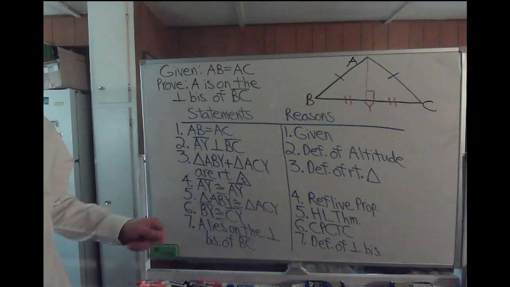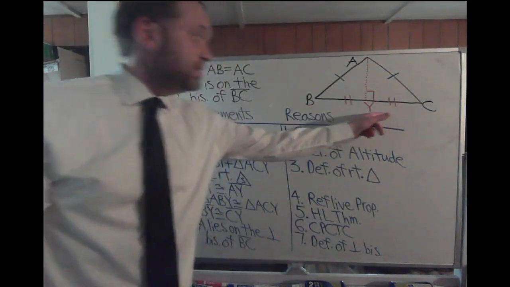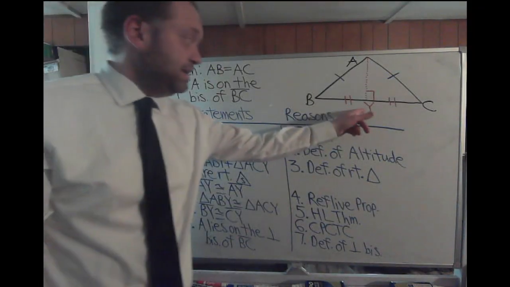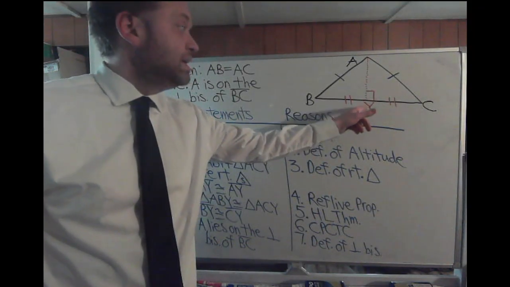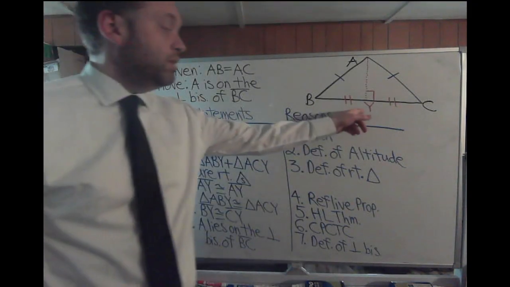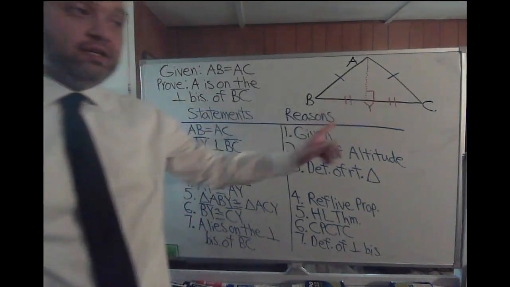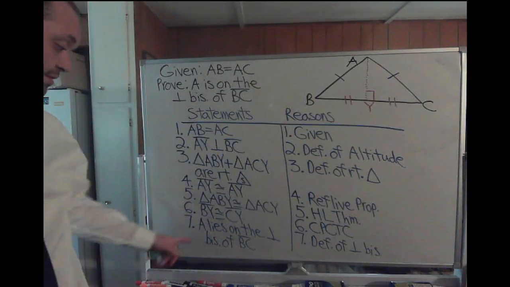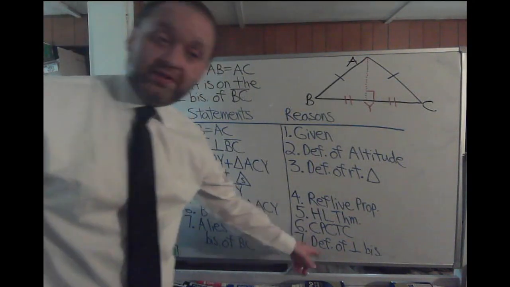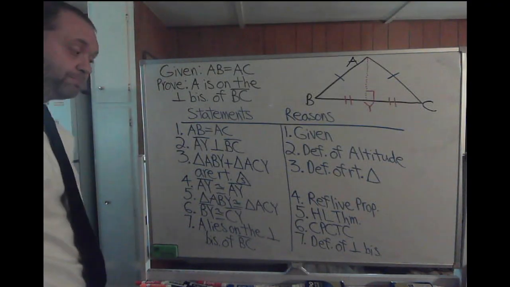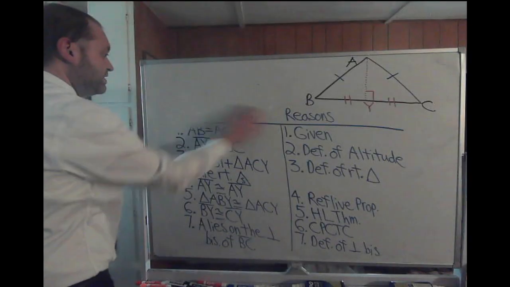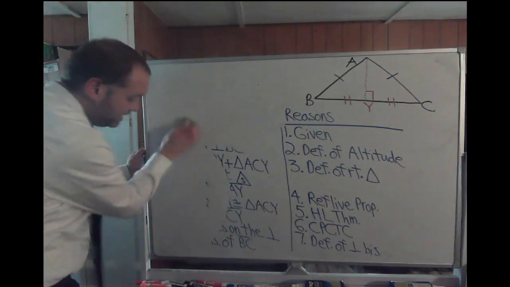Well, if you have two congruent segments here of one segment, that means point Y is the segment bisector of BC. Also at point Y, AY is perpendicular to BC. So therefore, A lies on the perpendicular bisector of BC by the definition of perpendicular bisector. So that one was a little more involved than the last one, but really not that bad.